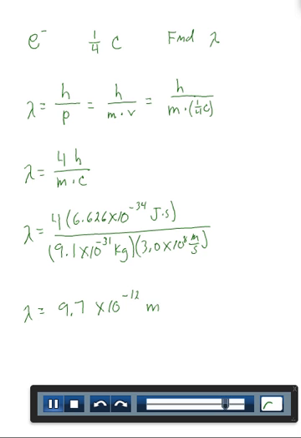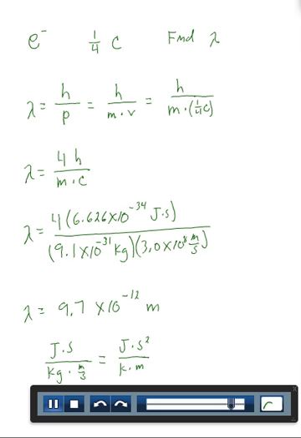Now let's see how the units work out. I'm going to leave the numbers out and just look at the units. So I have joules times second divided by kilograms times meters per second. So this will give me joules times second squared over kilograms times meters.